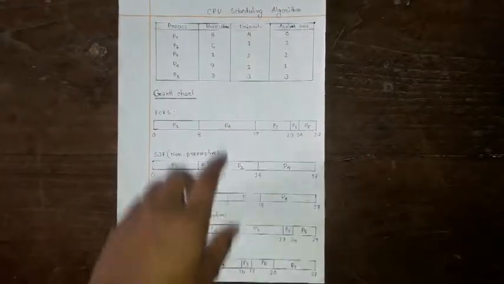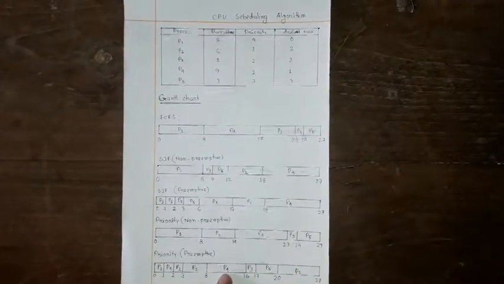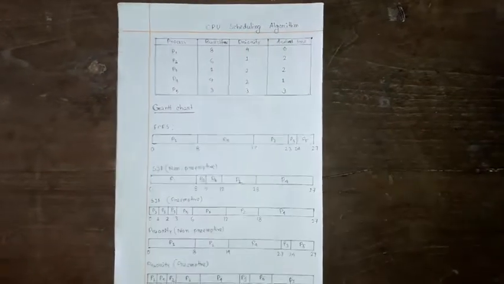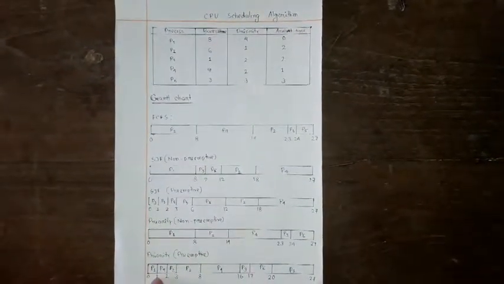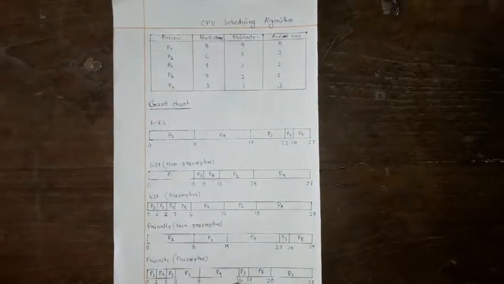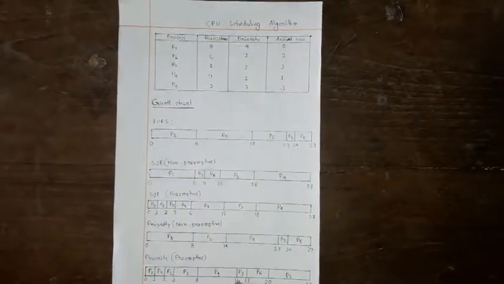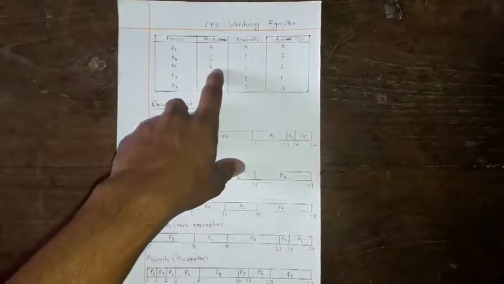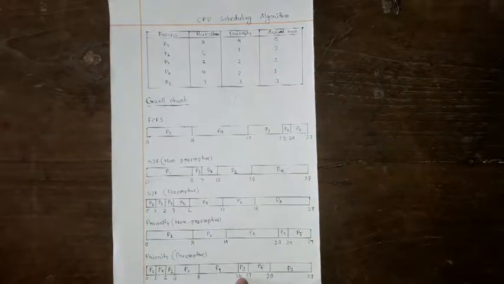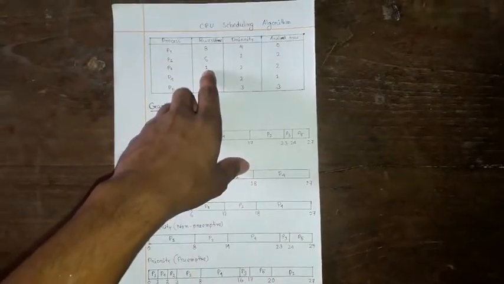So process P4 will be served from 8 to 16 because its burst time is 9. Previously P4 was served for 1 time interval, so the remaining is 8, so 8 to 16. After process P4, process P3 will be served because its priority is 2. So P3 is served from 16 to 17. Its burst time is 1.